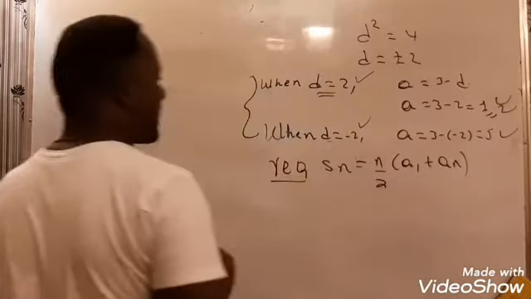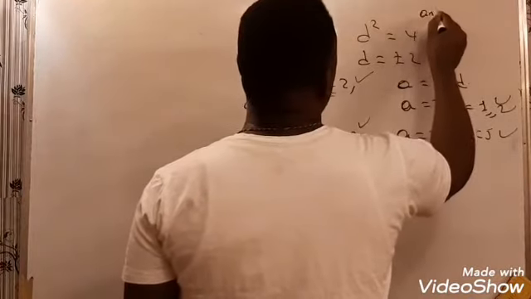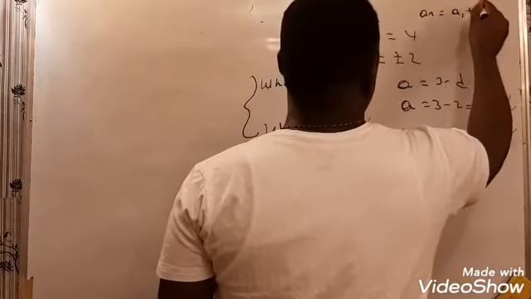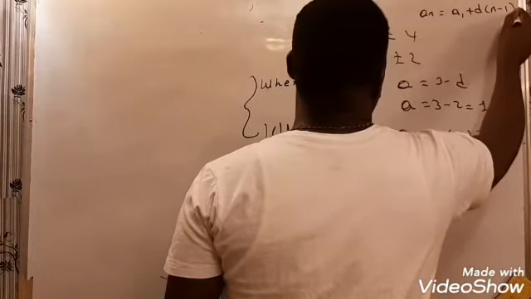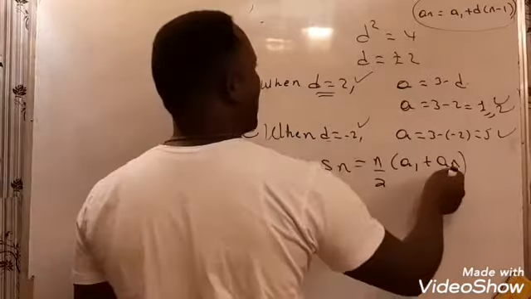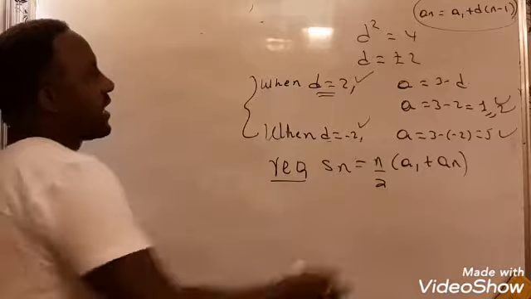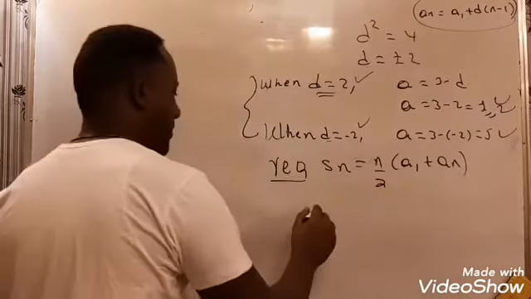But you know that we can describe an for any arithmetic progression as a1 plus d into n minus 1. We can use this formula. That means in place of an, we can just take this one, or else we can find an and replace n with its value. But now this is, I think, better.